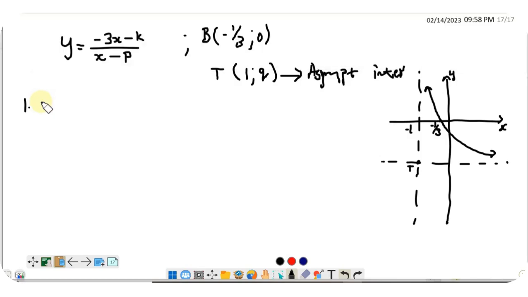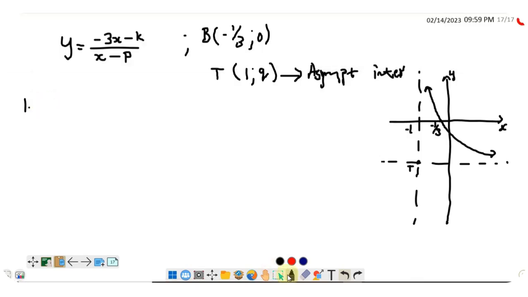P we can find because we know x minus P equals to 0, and x is the value of the asymptote, so 1. 1 minus P equals to 0.